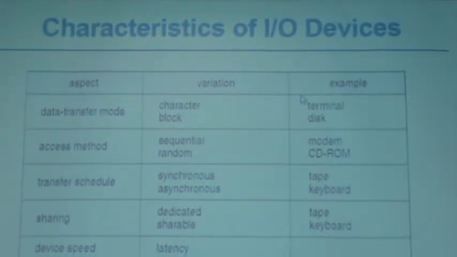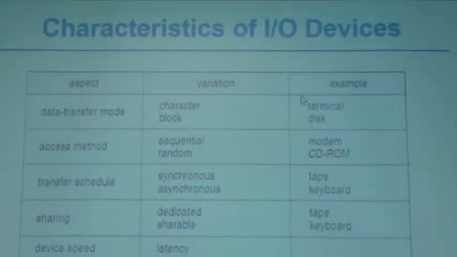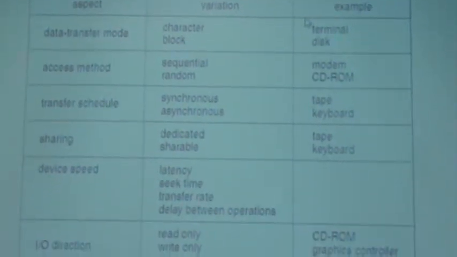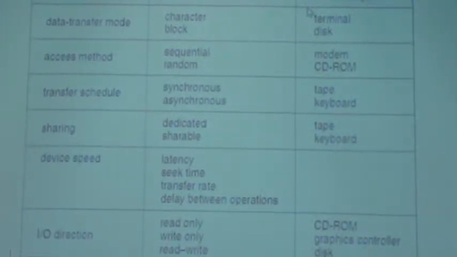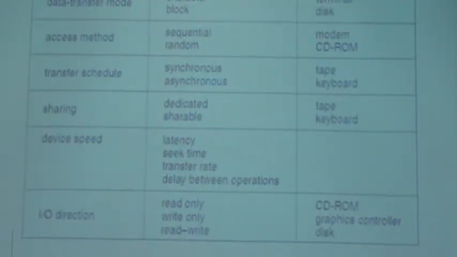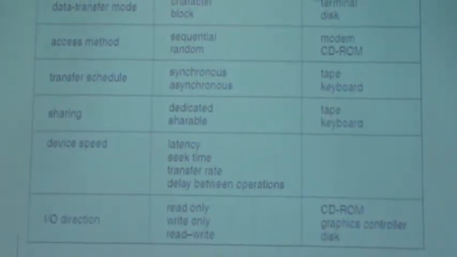An example of such a character-based data transfer mode nowadays is a console. If you consider the console as an I/O device, the output device is character based. Some of the devices are random access, however, like the magnetic tape device is sequential access, also the modem is sequential access.